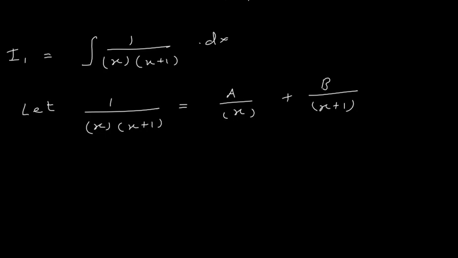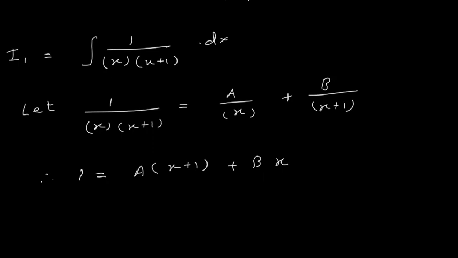Here we are going to use a upon x plus b upon (x plus 1). Therefore 1 equals, now simplifying the right hand side, a into (x plus 1) plus b into x. The denominators cancel from the left hand side and right hand side.